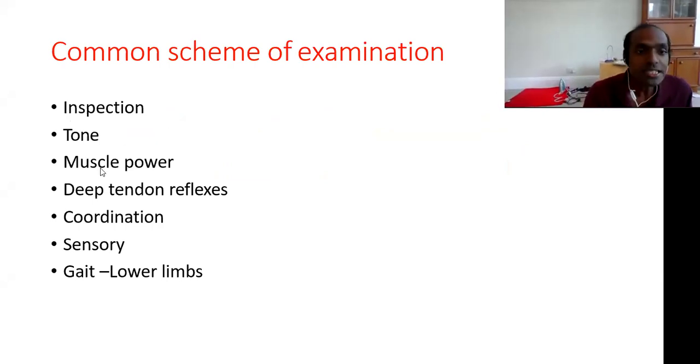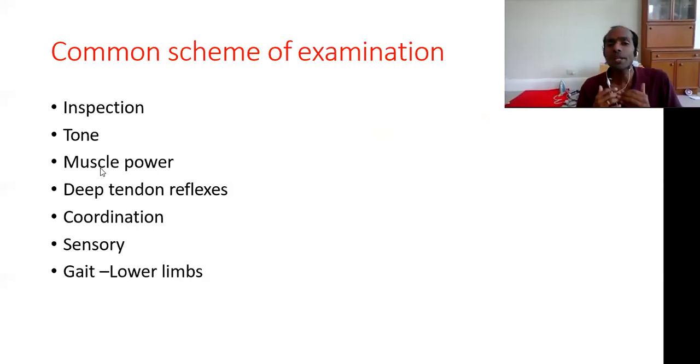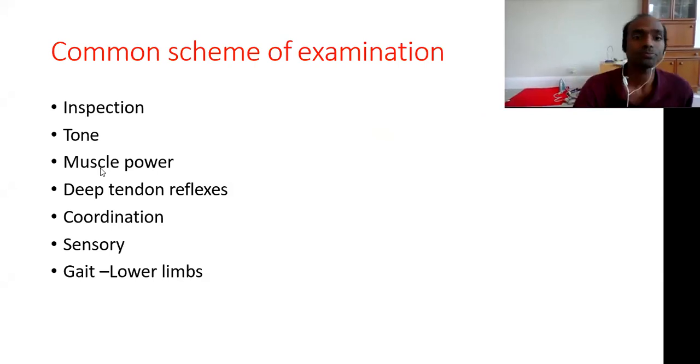And obviously we start off with inspection, move on to examination of the tone, then the muscle power, then we go on to the deep tendon reflexes, coordination, sensory. And if you're examining the lower limbs, obviously examination of the gait is important as well. Okay, so these are the common themes of examination in the upper limb and the lower limb examination.